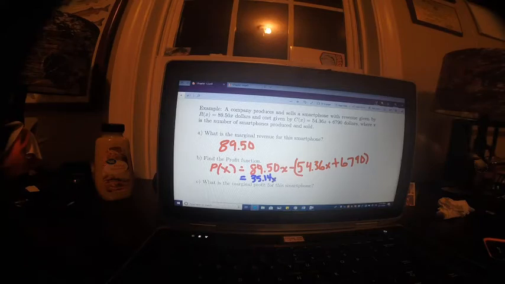All I'm doing is simplifying that top function, and then it's going to be a minus 6,790. So that is going to wind up being your profit function. Your P of X, your final answer here, is P of X equals 35.14X minus 6,790.